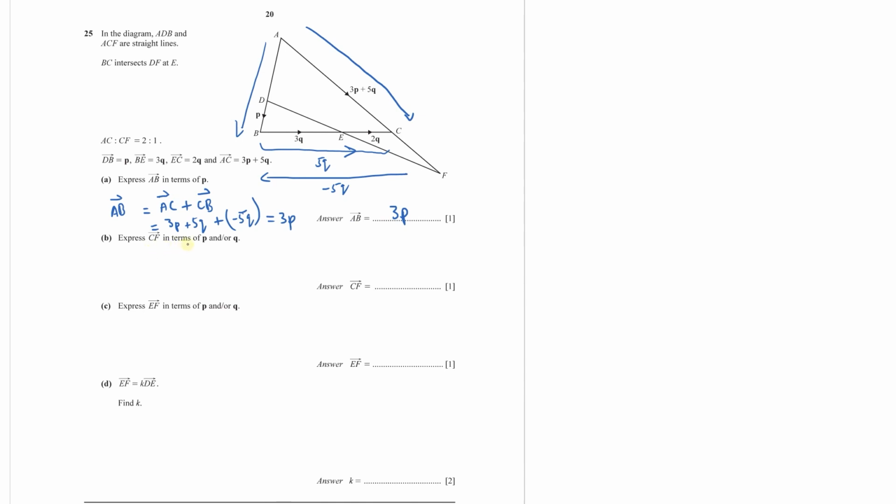Express CF in terms of P and or Q. So CF is this vector. And we are given that AC ratio CF is 2 ratio 1. So that means AC is twice the length of CF. So AC is 2 times CF. So CF is basically 1 by 2 times AC.